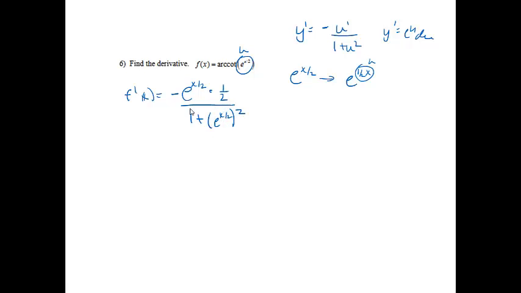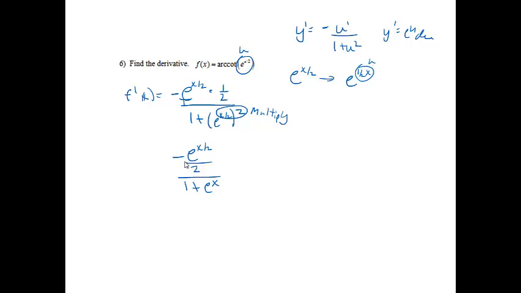Okay, then from here I'm just going to clean it up a little bit. If I put a 1 underneath that 1 and multiply across up top, I'm going to get negative e to the x over 2 over 2, over 1 plus e to the x over 2 squared. We are going to multiply the exponents when it's a power to a power, so x over 2 times 2 is just x.